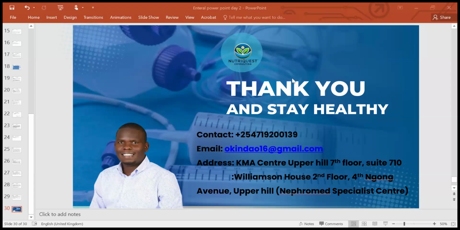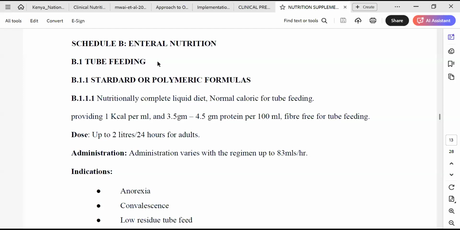But allow me to quickly go on, as time is going. I'll do the last one. Okay, here we go. We have different tube feeding products. This slide I might not go through all of it, but I'll share it. In case you want to prescribe a nutritional product, we have to be sure to have this nutritional formulary with supplements.